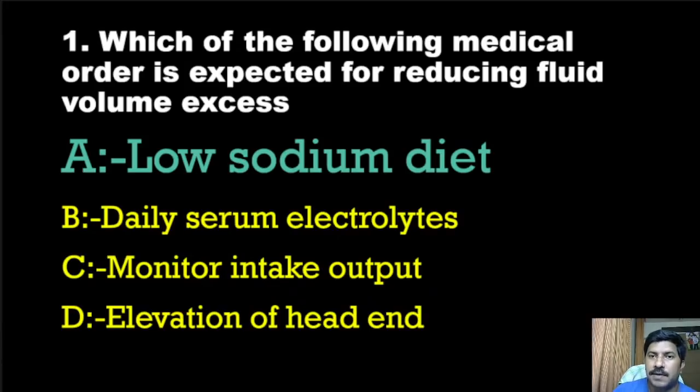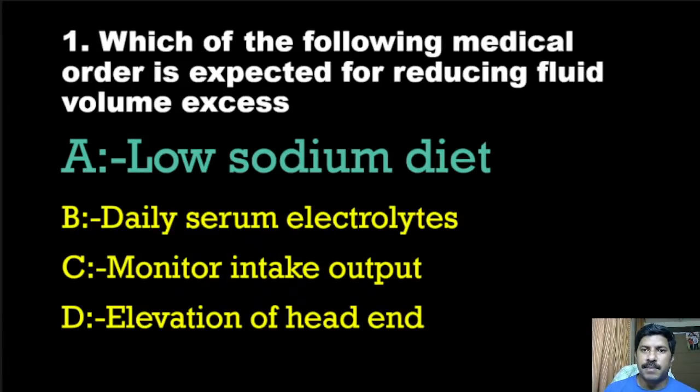Sometimes we will provide foot elevation. Why are we giving it? Sometimes there will be pooling of this increased fluid in the dependent parts, that is, the lower extremities. In that case, we elevate the legs to mobilize the pooled excess fluid into the heart, and then it will go to the kidneys and be excreted through urine.